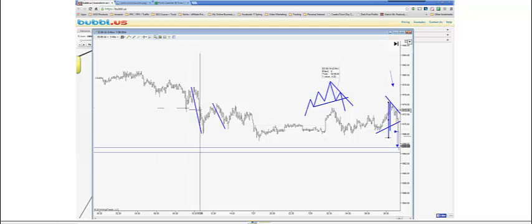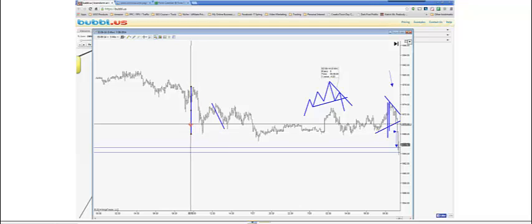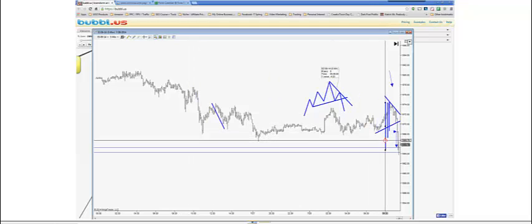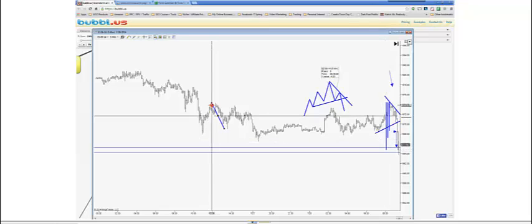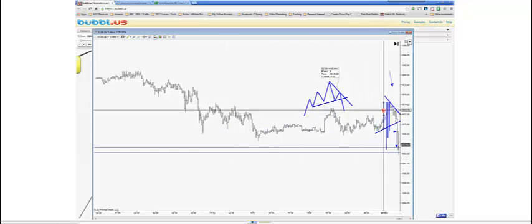So I got another level here. And I do have another level here. And projected from that high, boom, there's one. And this last one right here, from there.